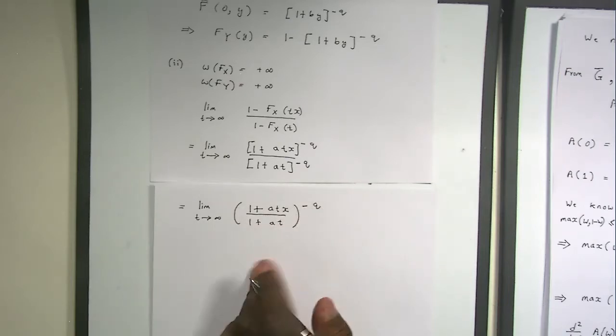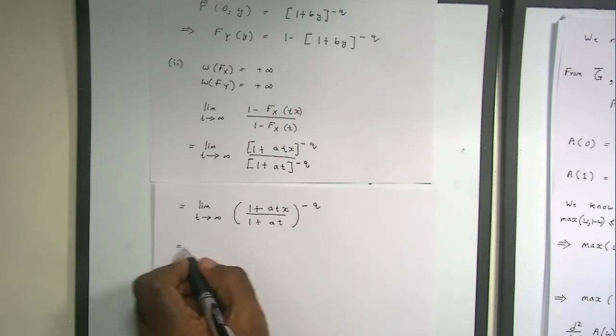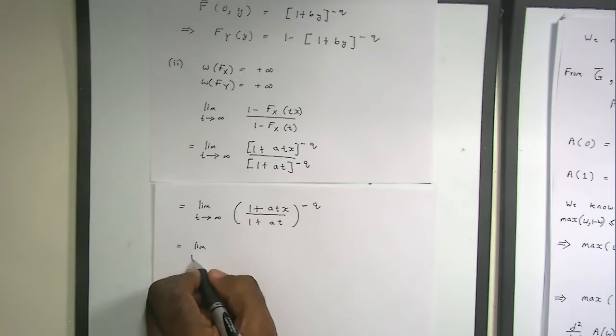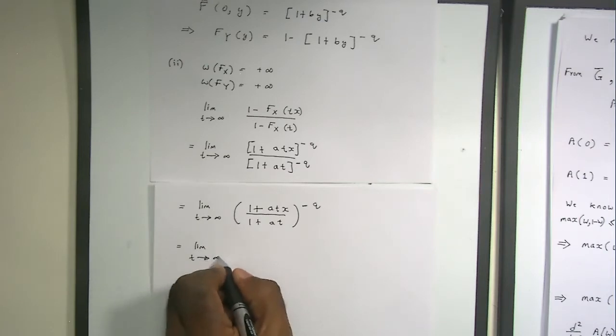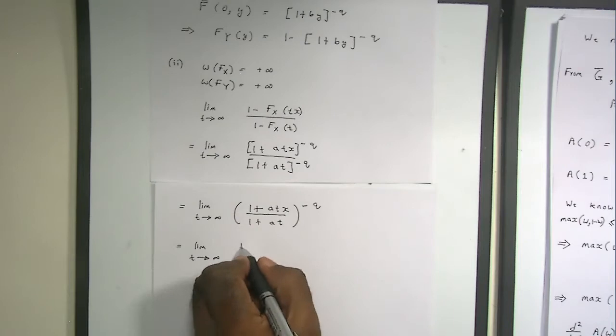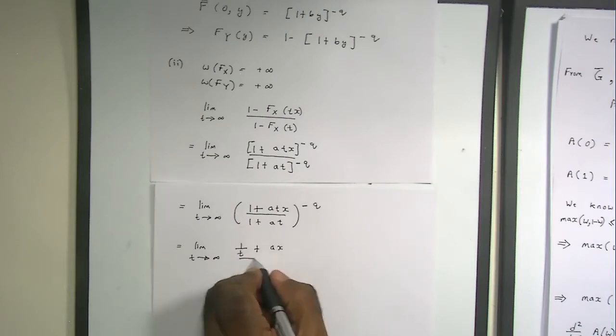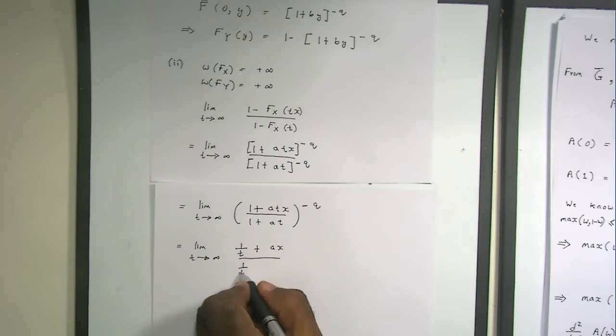Okay. Now, what I'm going to do is divide the top and the bottom by t. Alright, so you get 1 over t plus ax divided by 1 over t plus a.